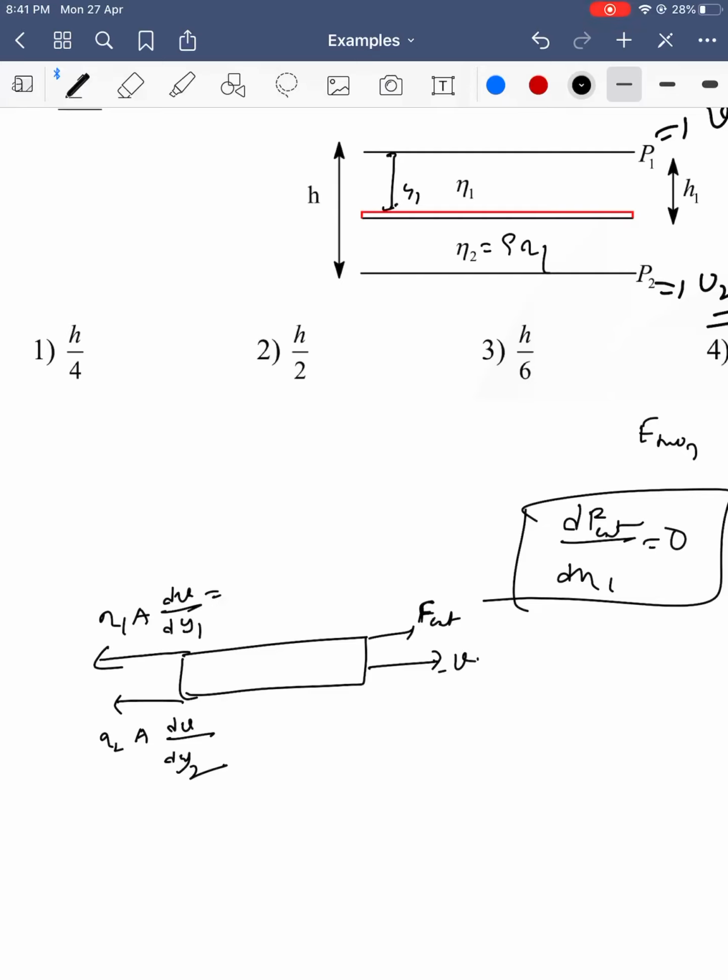Velocity is going, now listen carefully, nu1 A dv is v2 minus v1, it moves with velocity v minus 0, which is fixed, distance is h1, and nu2 is equal to how much? 9 times nu1. 9 times nu1 into the same area on both sides, v minus 0 by how much is the height from here to here? h minus h1.